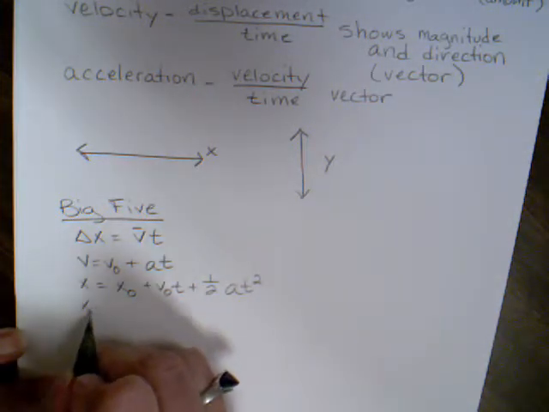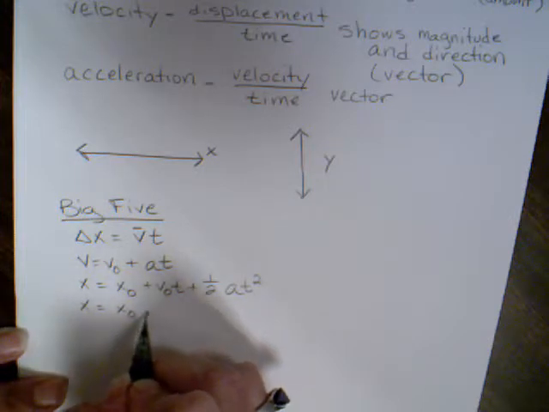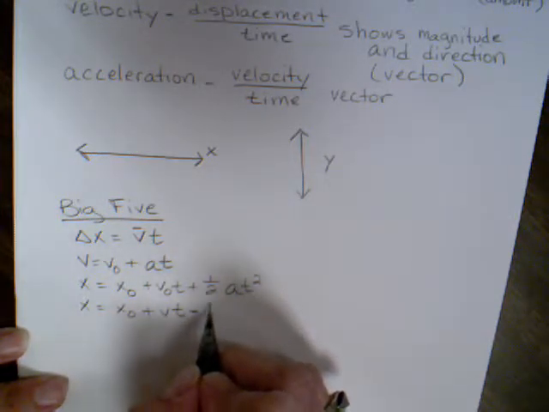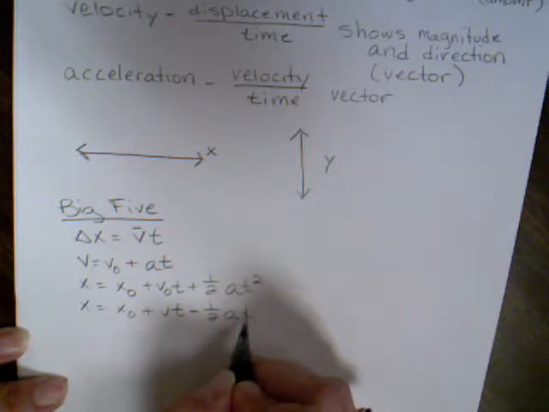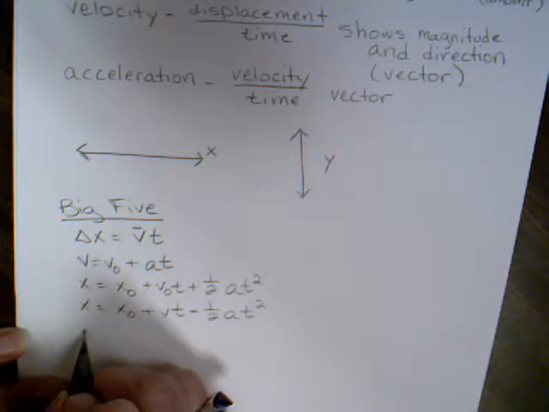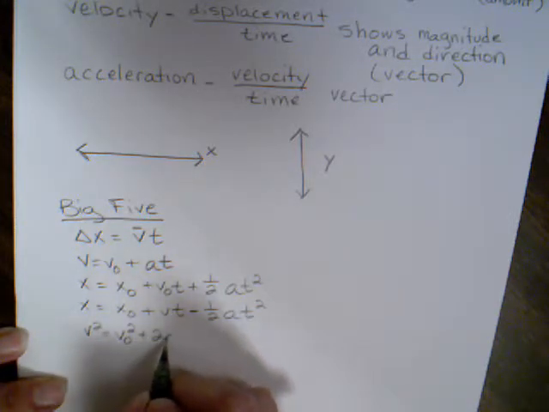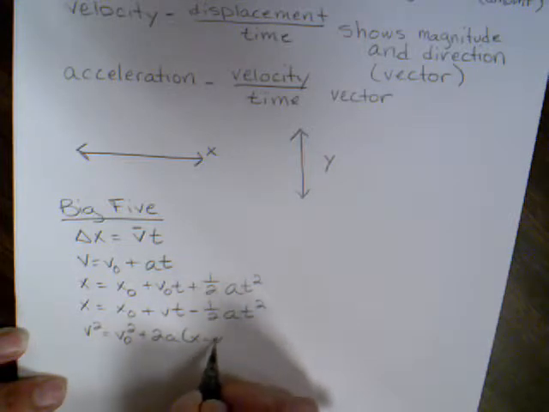Number 4, x equals x naught plus vt minus 1/2 at squared. V squared is the 5th one, equals v naught squared plus 2a times x minus x naught.